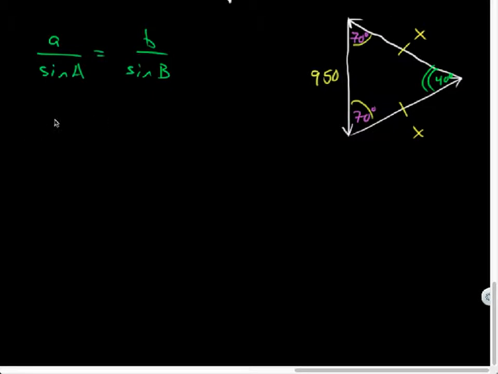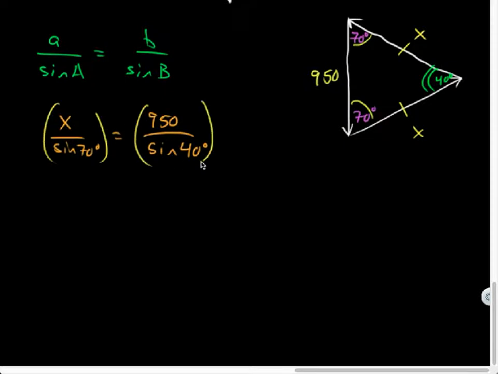So let's plug this in. x over sine of 70, because that's a side length and the angle opposite it, is going to equal 950 over sine of 40 degrees. To solve for x, I could multiply both sides by sine of 70.